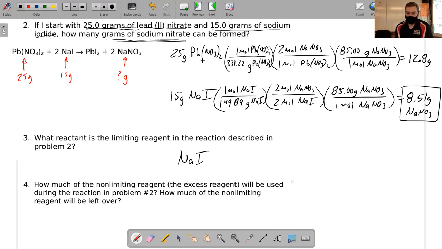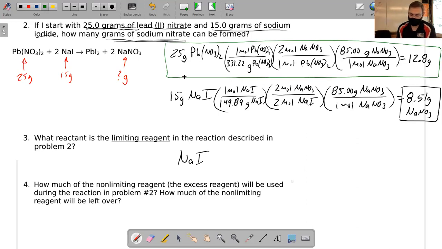So really, you take this exact same work and do it in reverse, but switch out the mass. So instead of 12.8 grams, you can start with 8.51 grams.